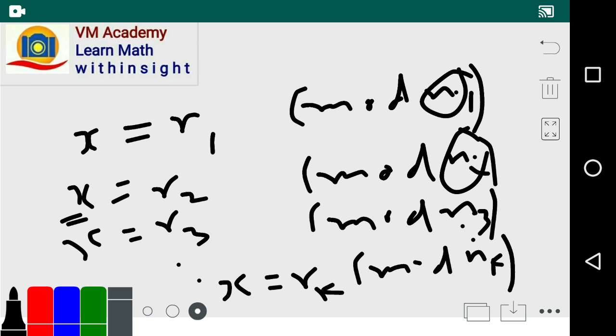So friends, in such a case they are pairwise coprime, and then there exists an integer m which is congruent to x.